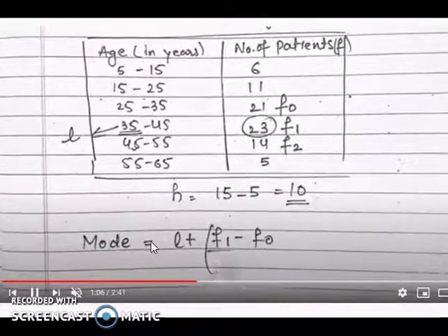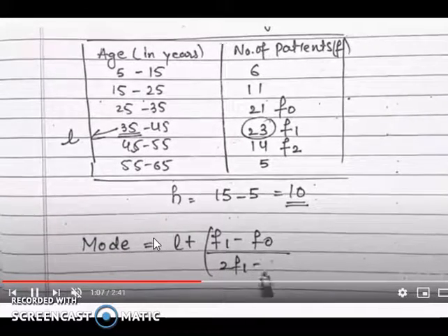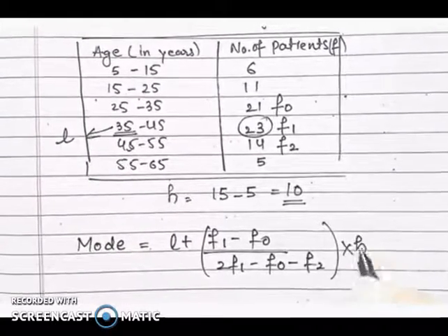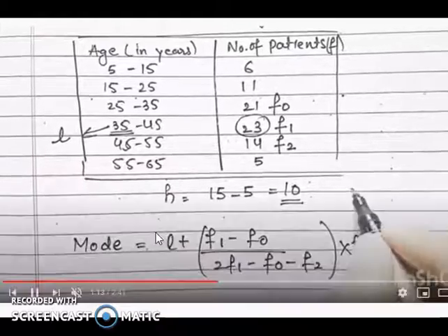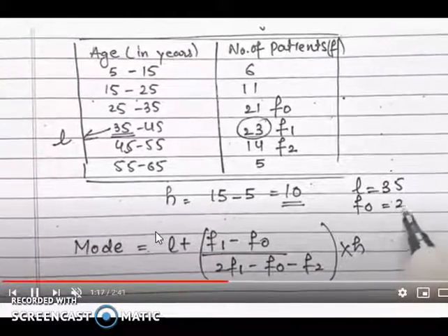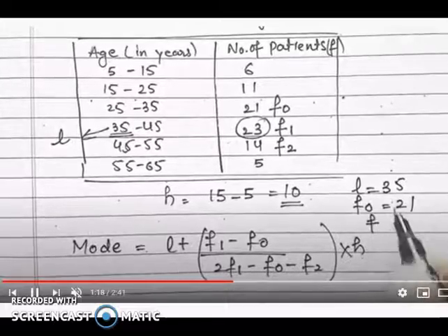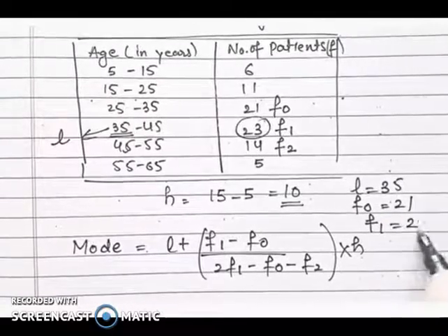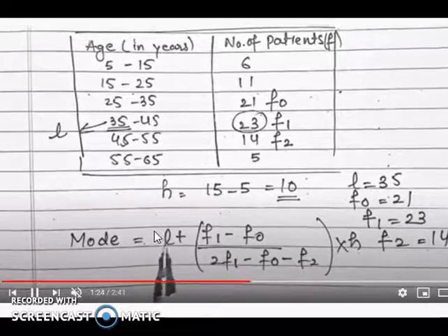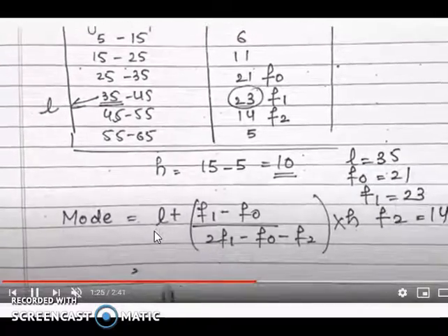So the formula is mode equal to L plus (F1 minus F0) by (2 F1 minus F0 minus F2) into H. Next, L equals 35, F0 equals 21, F1 equals 23 and F2 equals 14.